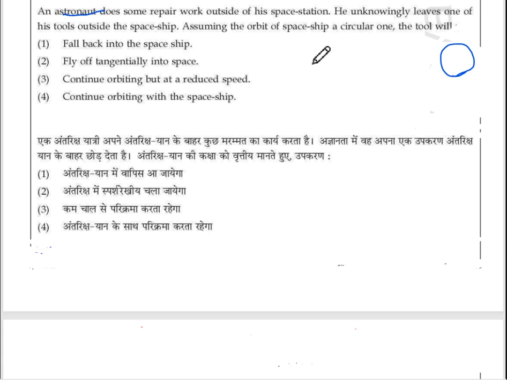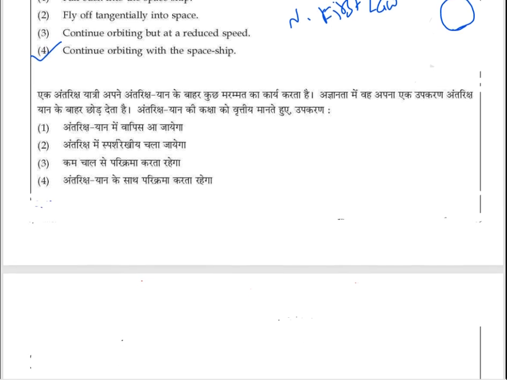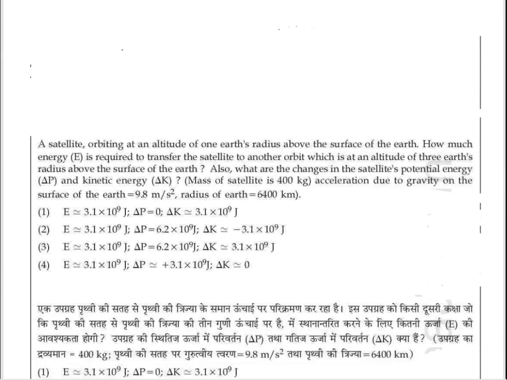So if the astronaut leaves one of his tools, that tool will continue rotating around the spaceship. So this is option D: continue orbiting with the spaceship unless an external force is applied on it to stop. Okay, we'll move forward to the next question.